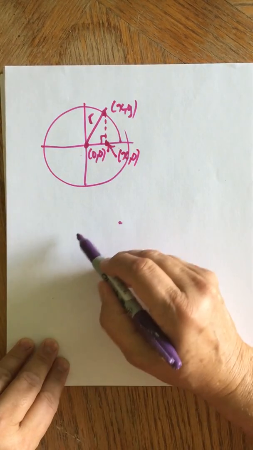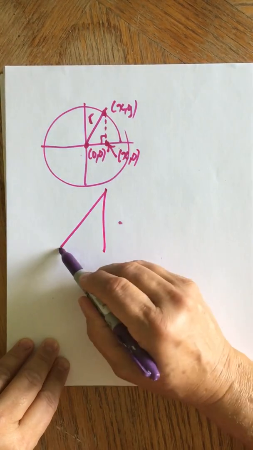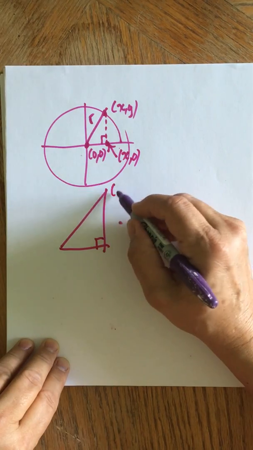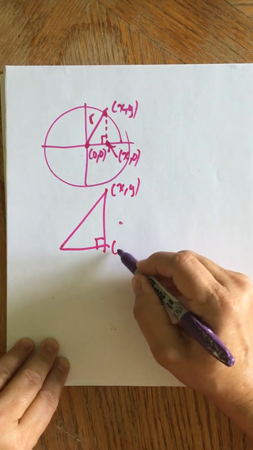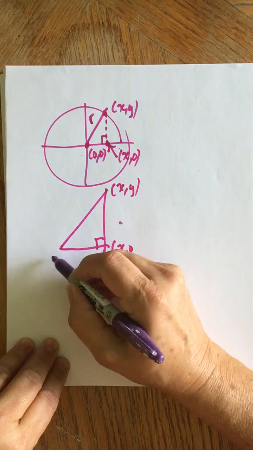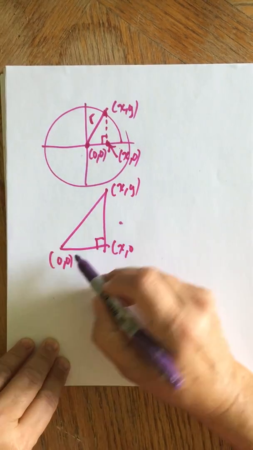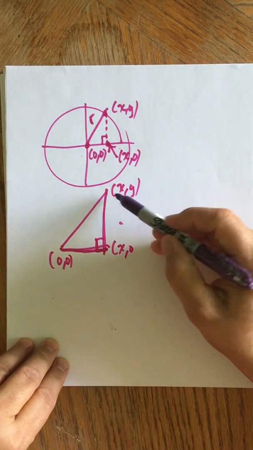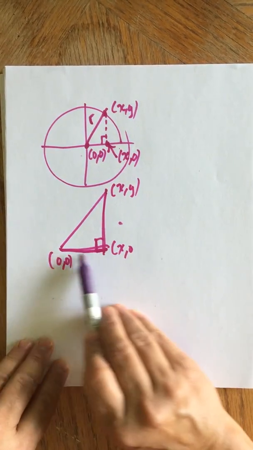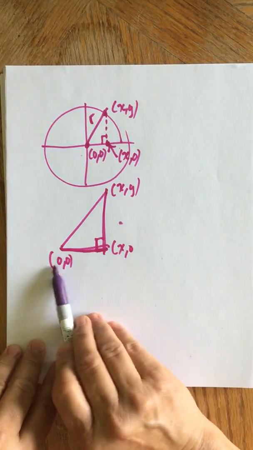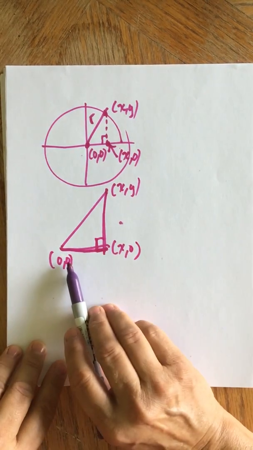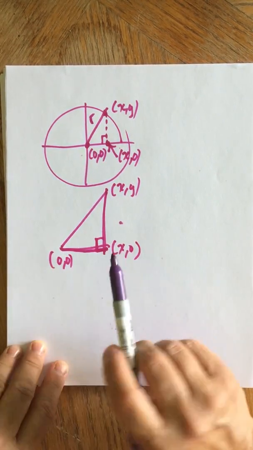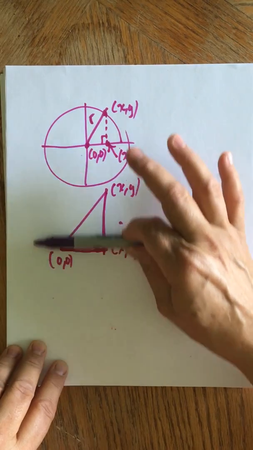Well, if you look at that, then what we have is a triangle, where this is xy, this is x, 0, and this is 0, 0. How do I find this length, from 0, 0 to x, 0? They're on the same y, in the same vertical position.